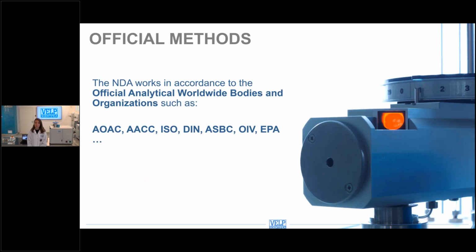All Velp Duma analyzers work in accordance with the official methods of the official worldwide analytical organizations like AOAC, ISO and EPA. For the nitrogen determination and with the protein conversion factor, you can also obtain the percentage of protein in your samples.